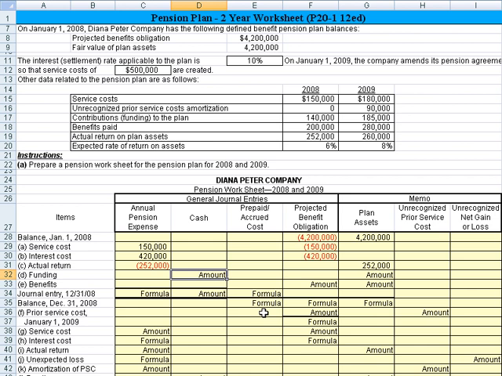We need to credit cash because we funded our pension plan for $140,000, and that then increases the plan assets by the $140,000 as well. So we decrease cash by $140,000, the plan assets increase by $140,000.